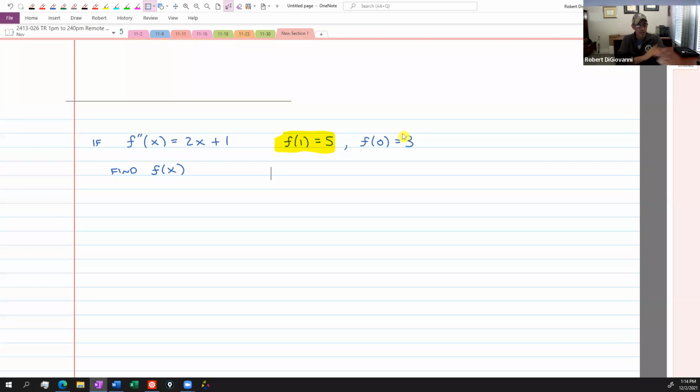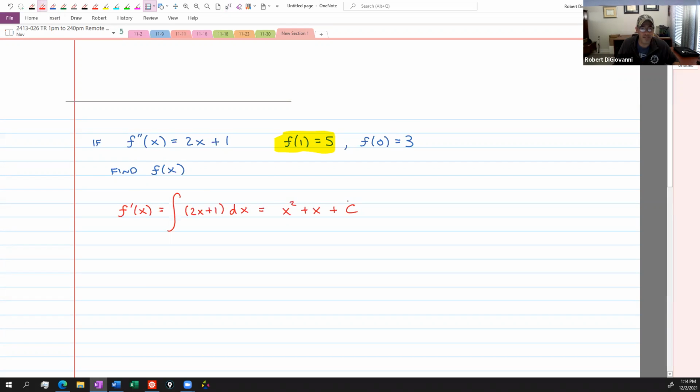Yes, we can. Watch. It's actually pretty cool. All right, so first things first, let's try and find the first derivative. And to do that, we need to take the antiderivative of 2x plus 1, which we've already done, right? That was x squared plus x plus a constant. We don't know the constant, do we?